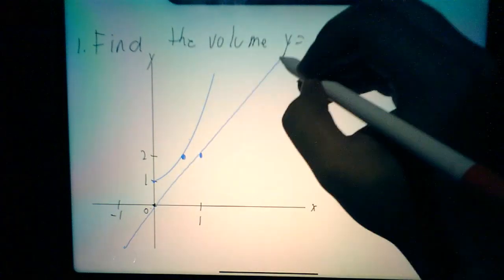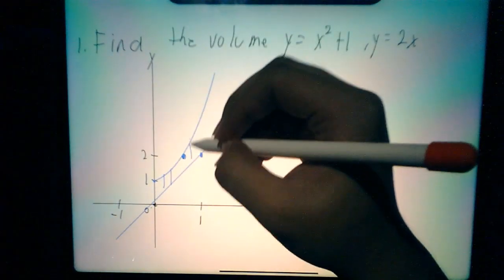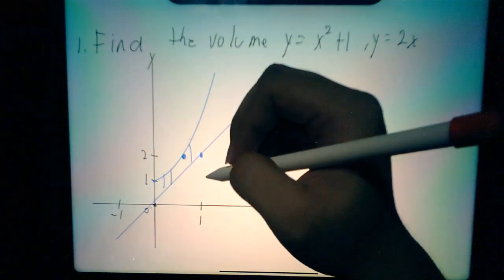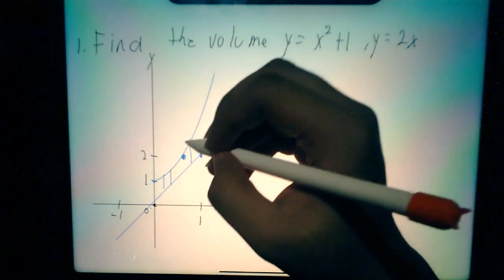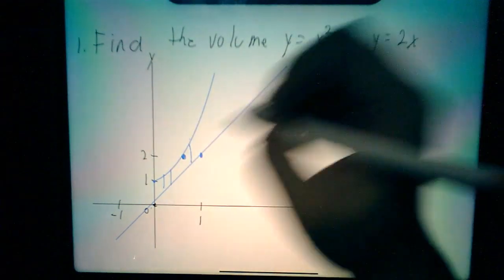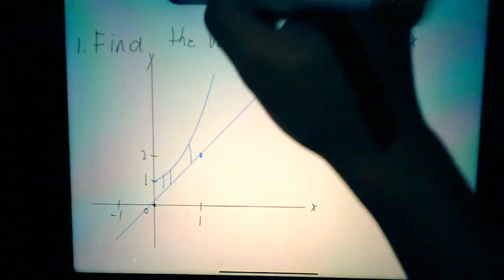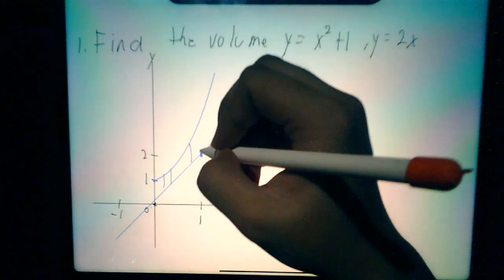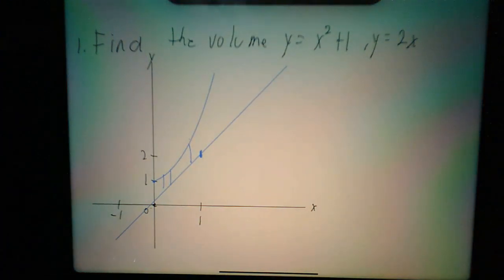So by putting that, this is our area of interest, with limits from 0 to 2, because they intersect at 2 and 2.